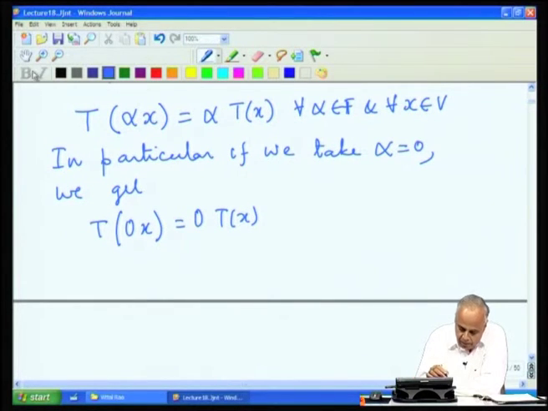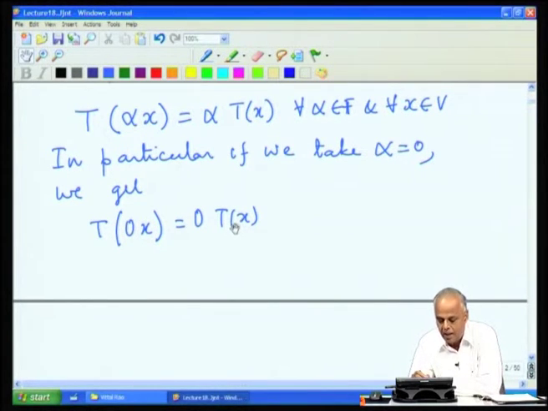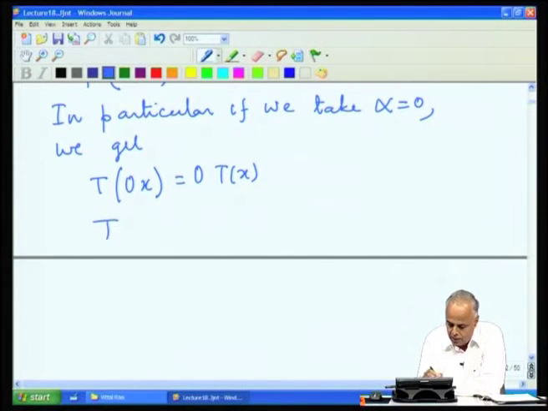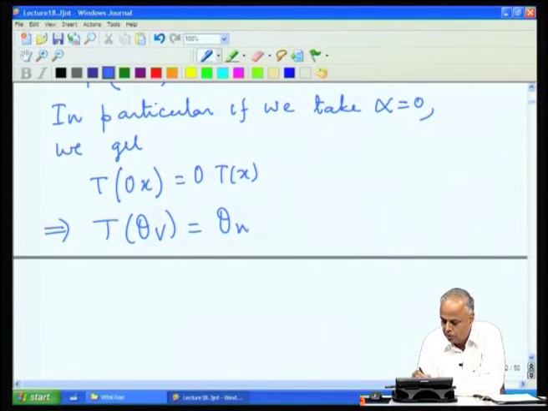Now, on the left hand side, we are taking a vector x in V and multiplying it by the scalar 0, and so we will get the 0 vector in the V space. On the right hand side we are multiplying by 0 a W vector, so we will get the 0 vector of the W space. So, we get T of theta V is equal to theta W, which means that a linear transformation always maps the 0 vector into the 0 vector.